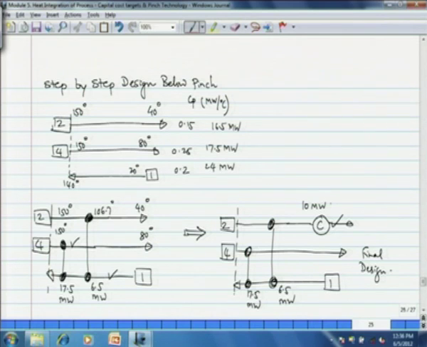I have made a stream grid. The pinch temperatures 150, 140 degrees. Below pinch region we have 3 streams, 2, 4 as hot streams and only 1 cold stream. Now, with Cp inequality constraint Cph greater or equal to Cpc, we can match stream 4 with stream 1.